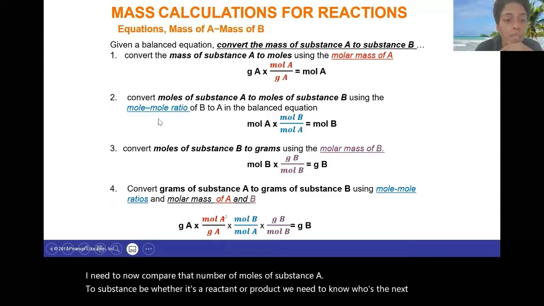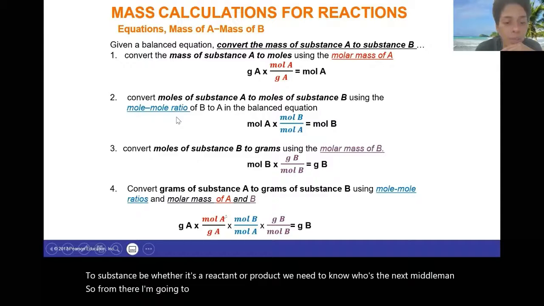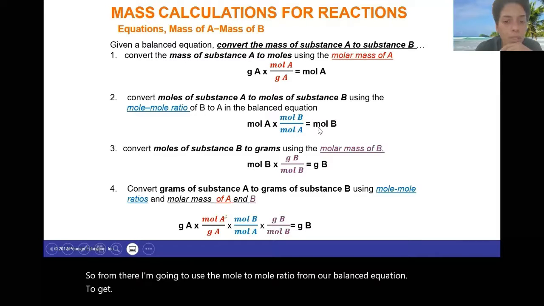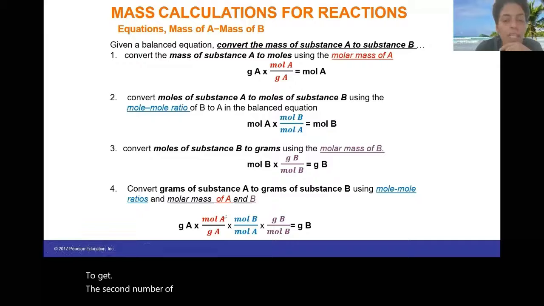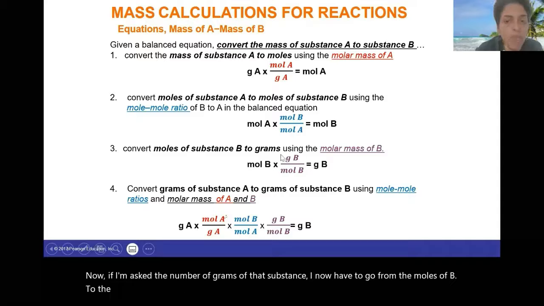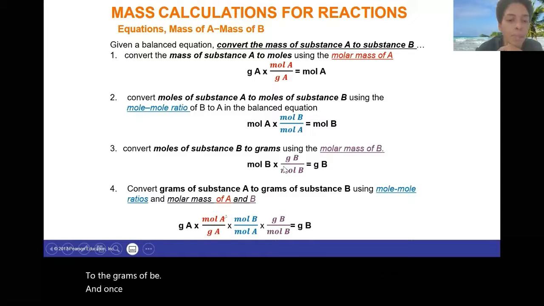So from there, I'm going to use the mole to mole ratio from our balanced equation to get the second number of moles, right? Now, if I'm asked the number of grams of that substance, I now have to go from the moles of B to the grams of B. And once again, I would use my molar mass, right?